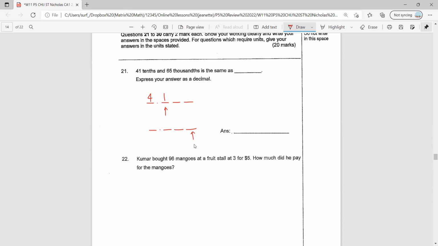So your last number 5, put here. 6, 0, 0. So add them up. 4.1 plus 0.065 equals 4.165. Yes, 4.165.